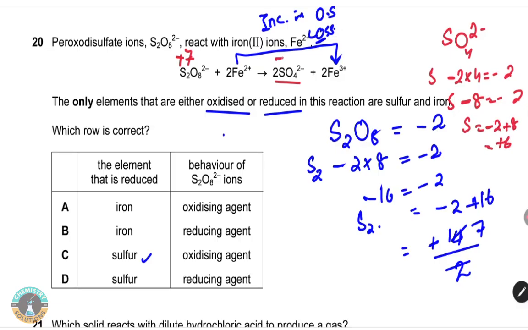So sulfur is reduced because of the decrease in oxidation state, so it will gain electrons. The substance which is being reduced is basically the oxidizing agent. So sulfur is the element that is reduced, and the substance which is being reduced is the oxidizing agent. So C is the correct option for it.